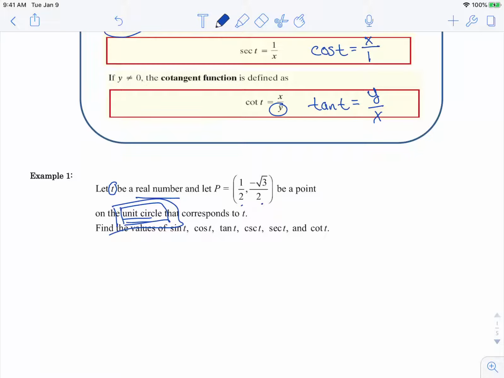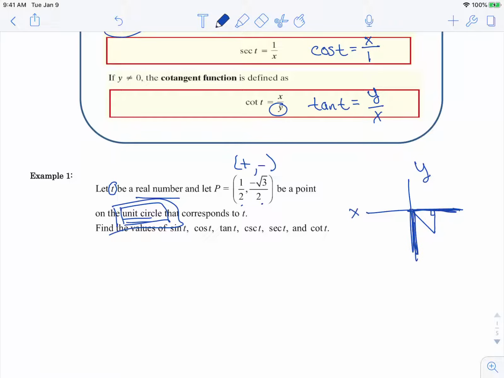But just to prove that's the case, here's our xy plane. Because my x is positive and my y is negative, I'm going to draw my triangle in the fourth quadrant because this is where my x's are positive and my y's are negative.